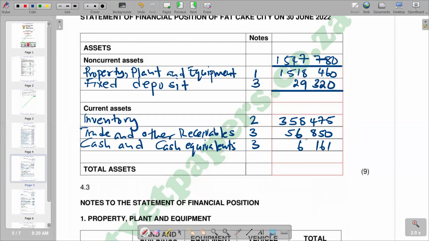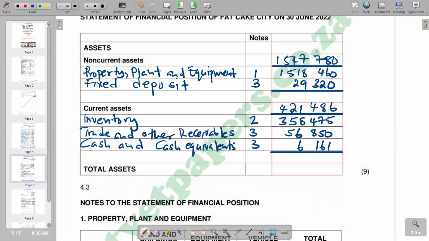And then from there, you see that these are the current assets that we have that we can now add to get the total. So 358,475 plus 56,001, and then we get a total of current assets, which is supposed to be 421,486.